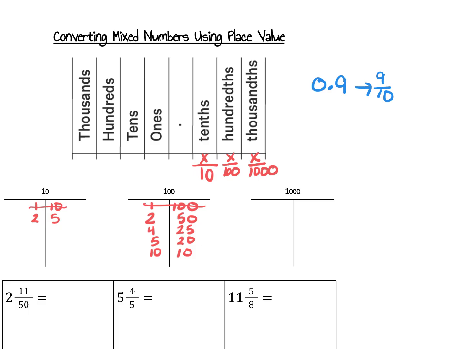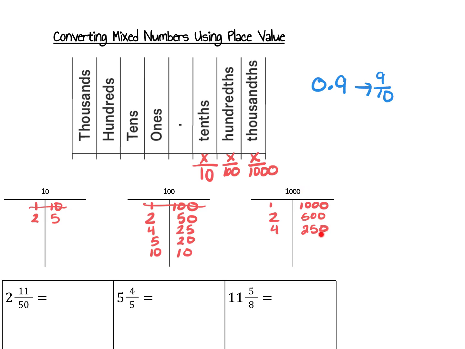And then for 1,000, again, I can have 1 and 1,000, but that's not really going to help me too much. I can do 2 and 500, 4 and 250. Now, if you look at it, 1,000 is really just 100 with an extra 0, so it's kind of these same things. 2 and 50, 2 and 50 with an extra 0 on one of the numbers. 4 and 25, 4 and 25 with an extra 0 on just one of the numbers.